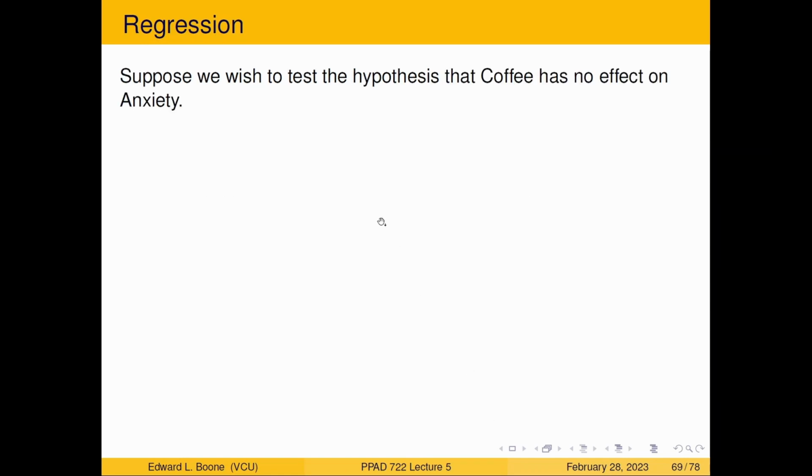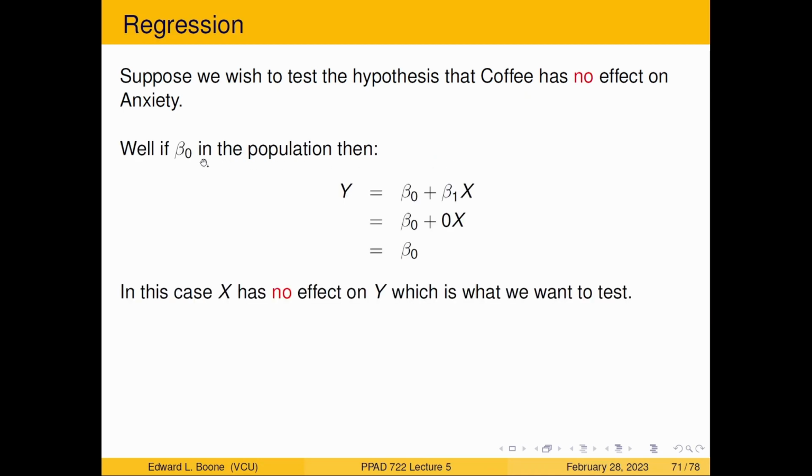Okay, so suppose we wish to test a hypothesis that coffee has no effect on anxiety. How do we set this up? Well, we need to look back at the equation here. If B1 equals 0 in the population, then we would have Y equals B0 plus B1 times X, but this is 0. So if you notice, we have Y equals B0.